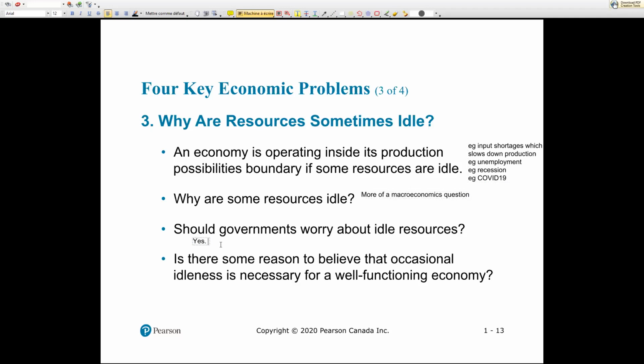Yes, and do you know the name of the famous economist who made a lot of progress on that question? GMK? No? John Maynard Keynes.